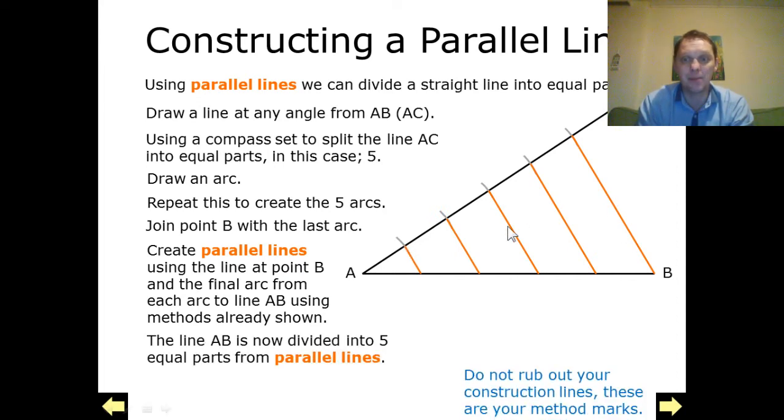Each one of these is going to be parallel, and this will automatically cut this line segment AB into 5 equal parts. Each one of these are equal size, and you can test this out. Use a ruler to measure it afterwards just to prove that it's correct. But if you do get a problem like this, yet again, please make sure that you leave in your construction lines, because obviously these go towards your method marks.